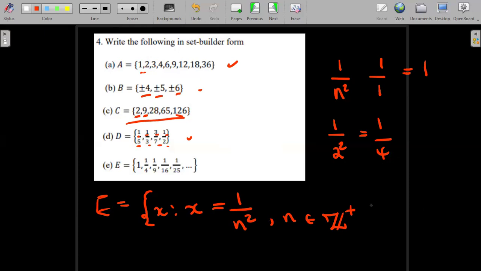You can indicate this. Or instead of writing that there, you can just write that n is a member of the natural numbers, like this. So this is what is defining the set E.